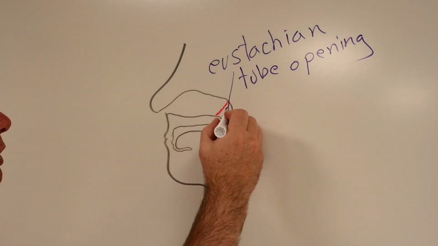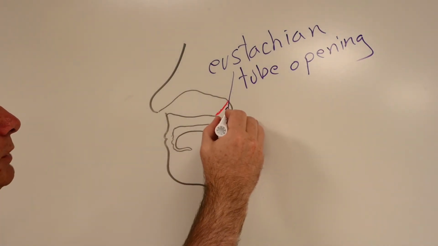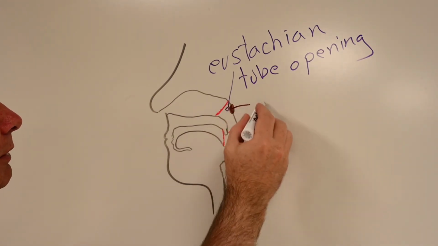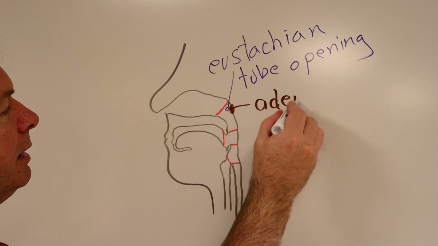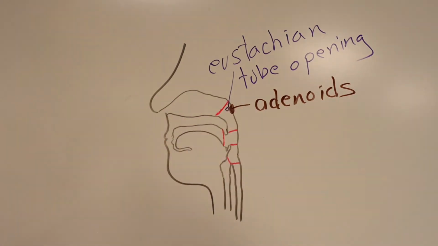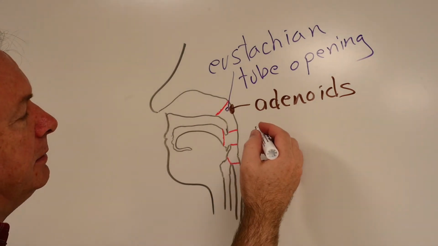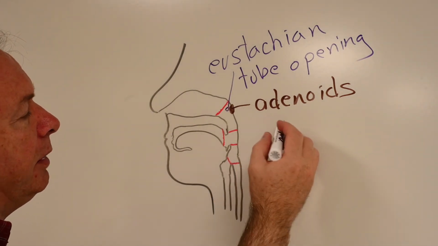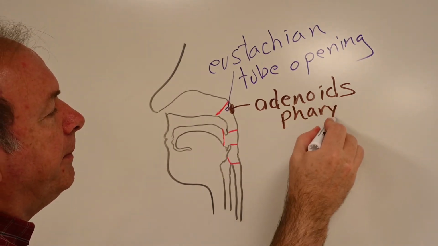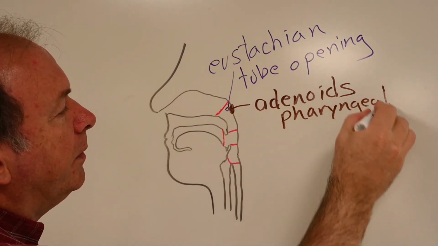Adjacent to the eustachian tube opening there in the roof of the nasopharynx, there is a special kind of tonsil we usually refer to as an adenoid. There's a pair of them, they're adenoids, and they are also known as pharyngeal tonsils.